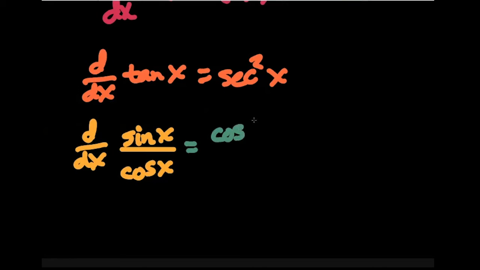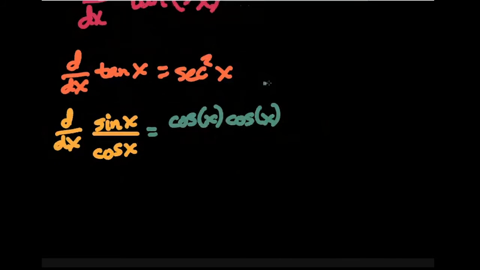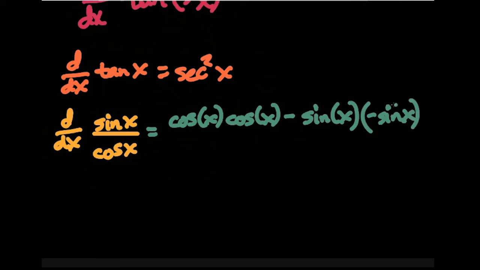So g times f prime: cosine times the derivative of sine, which is cosine x. Minus f, which is sine x, times g prime, which is negative sine x. And then all of this is divided by g squared, which is the bottom squared.